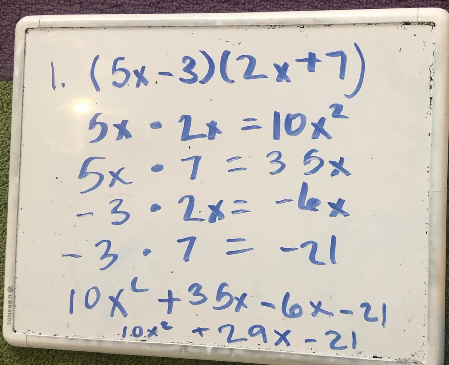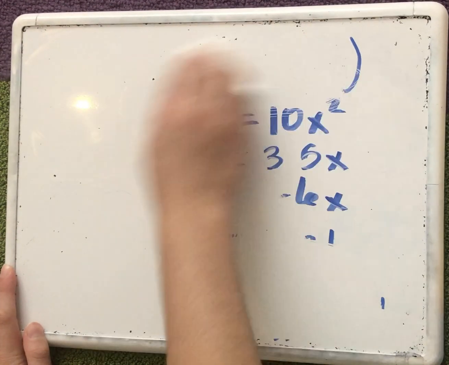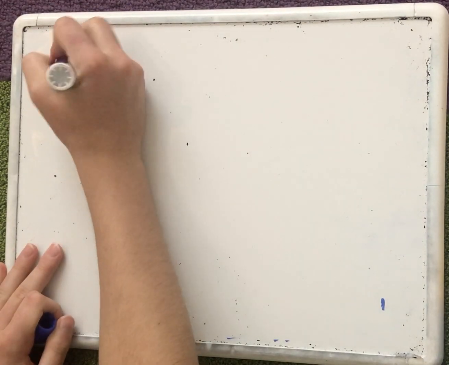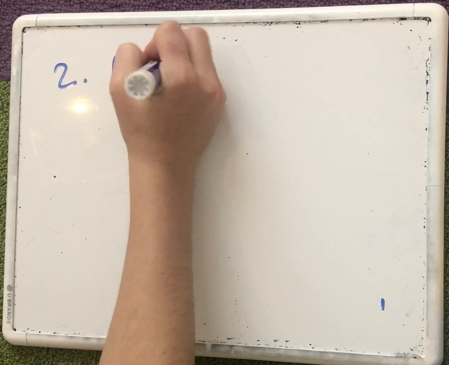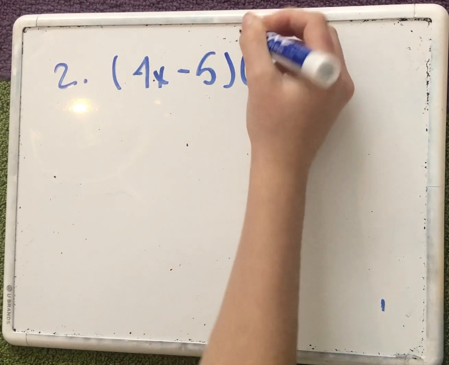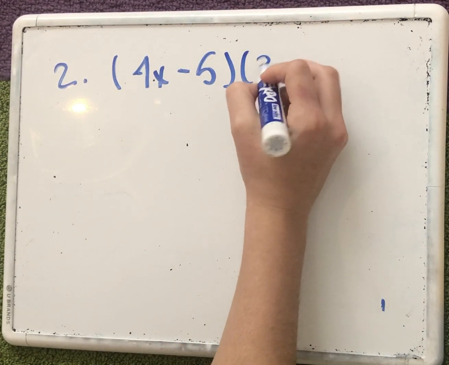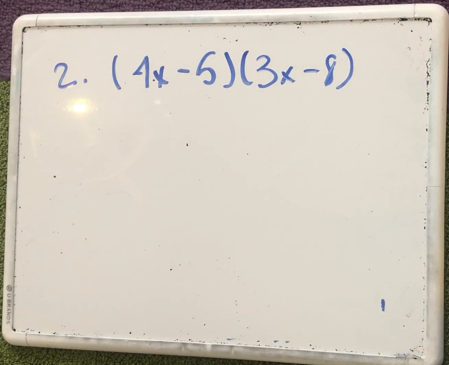So let's try another one. This example is (4x - 5) and (3x - 8).